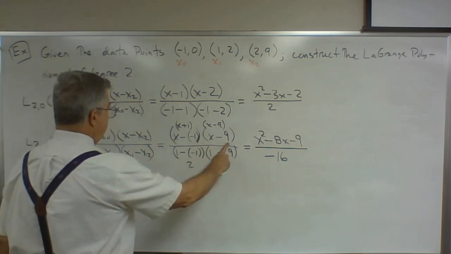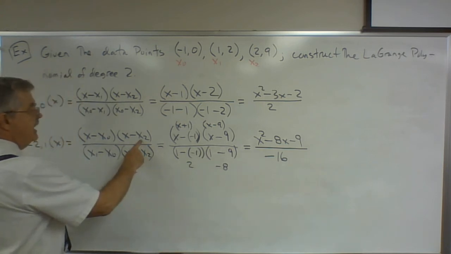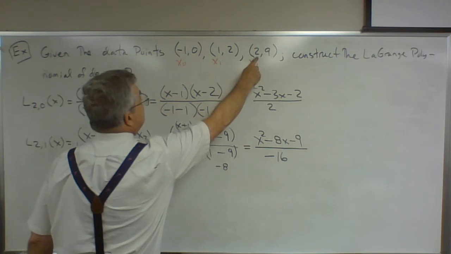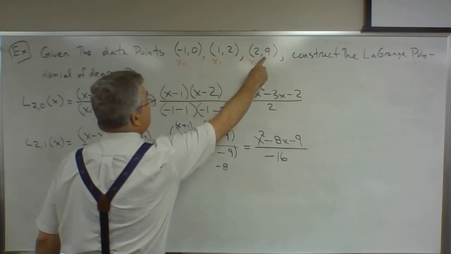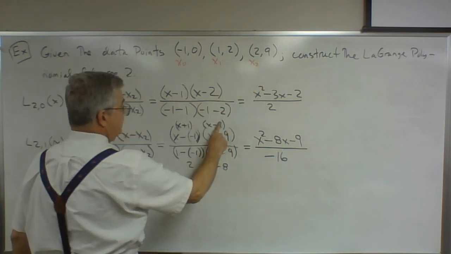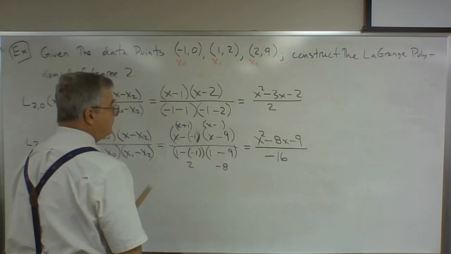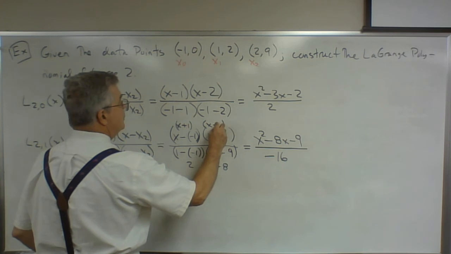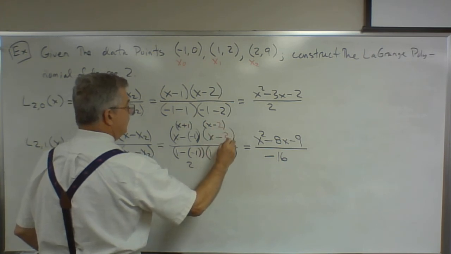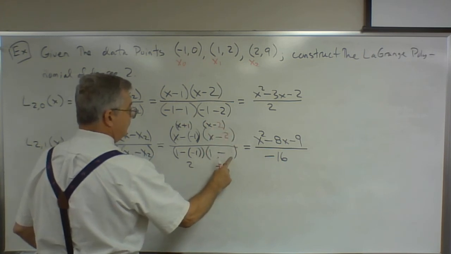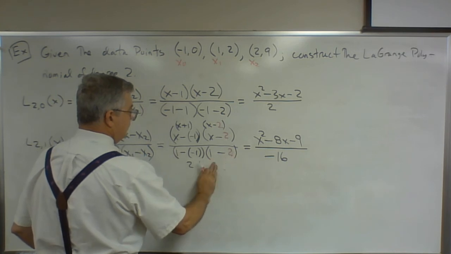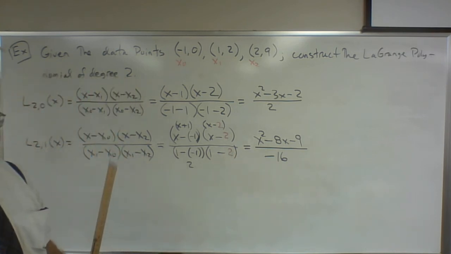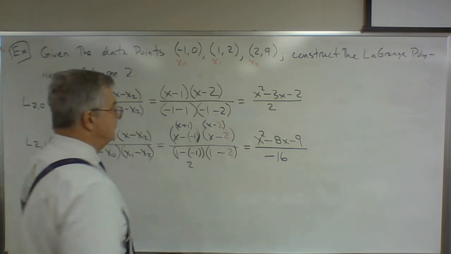This is not right. I'm supposed to have x2 here and here. x2 is 2. I plugged in the y coordinate, not the x coordinate. So, yeah, what should go here is 2. Now maybe this will make a little bit more sense.